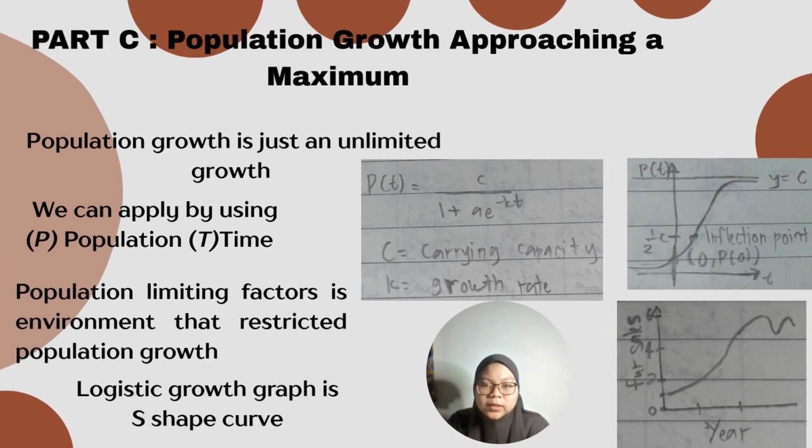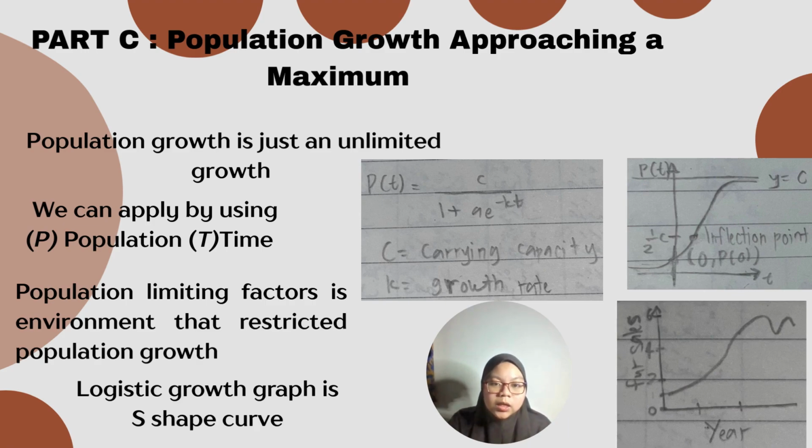Okay, so part C, population growth approaching a maximum. Population growth is just an unlimited growth. So we can apply it by using P for population, T for time.